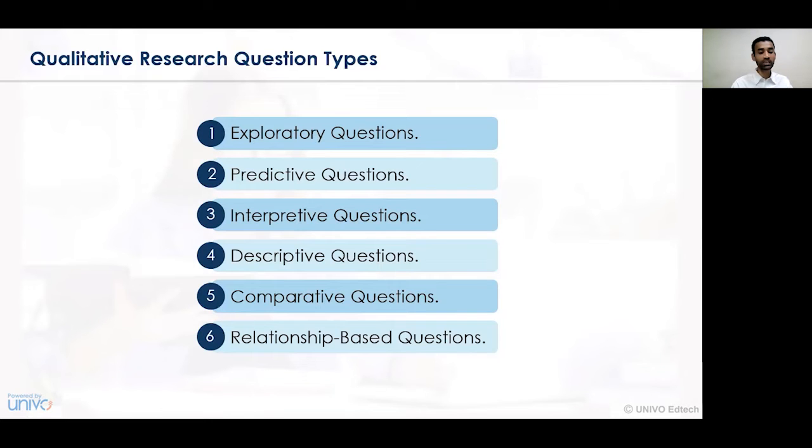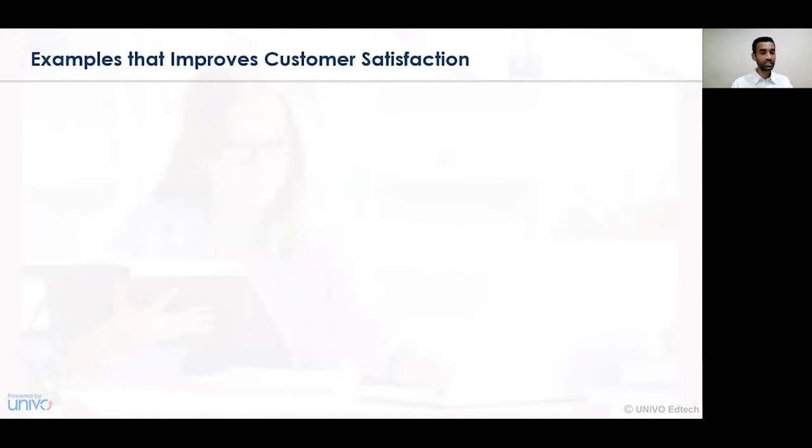The next perspective is relationship-based questions. On the basis of relationship-based questions, we identify the correlation of one product to another product, one commodity to another commodity, and so on. And hence, on that basis, the relationship-based questions are identified and designed.